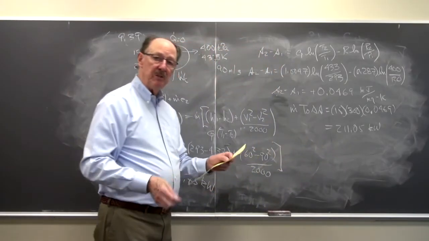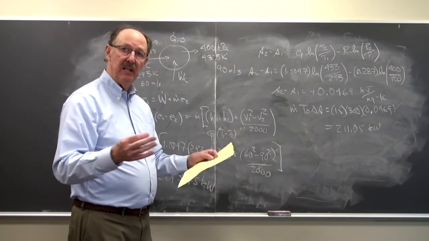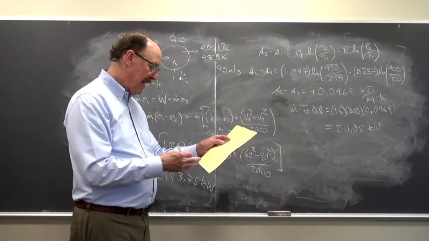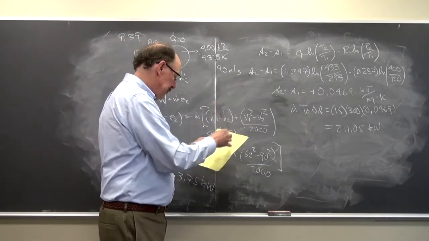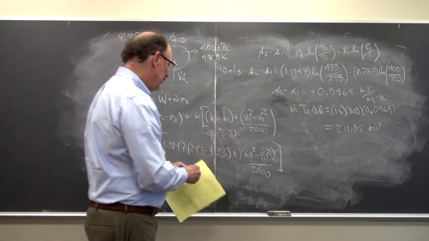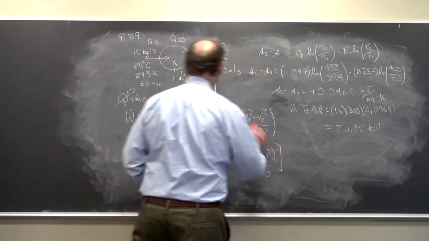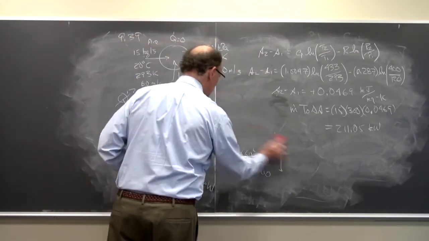And now what we're going to do is we're going to calculate the change of the availability. And what we have is we have all the terms we found already. So we can just substitute in, which is why I did that.